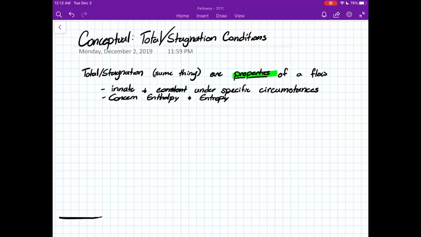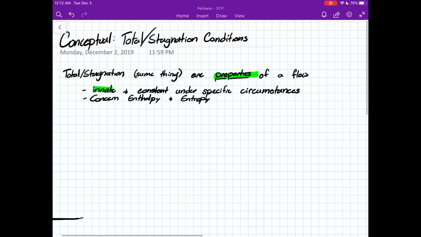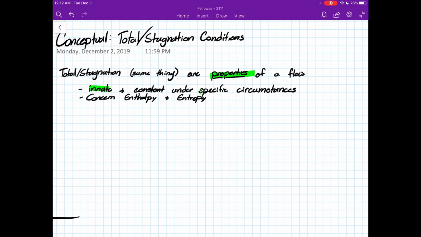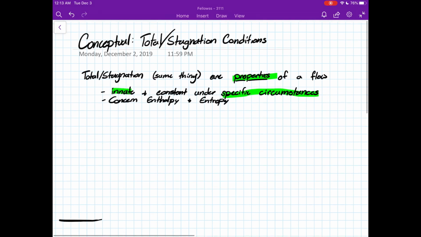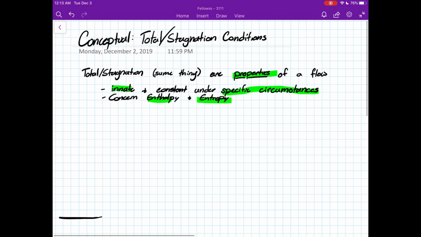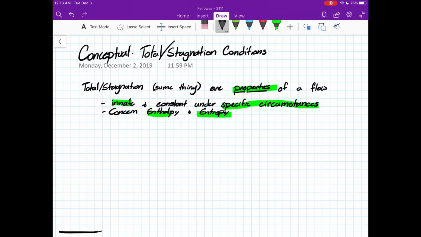So these are innate to the flow and constant under specific circumstances, right? And I'm sure you've heard this before, there are some of these characteristics that can change given certain circumstances. I won't spoil it. And usually what these conditions are talking about have to do with the enthalpy and entropy in a flow, right? So real quick, let me go over that.